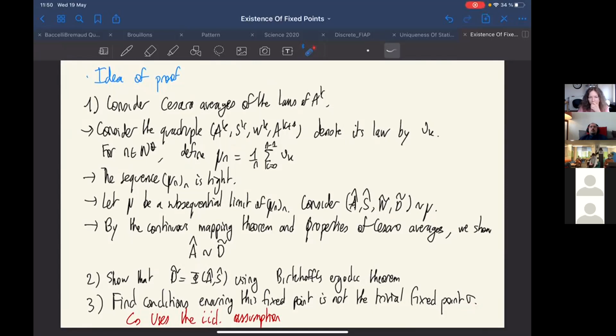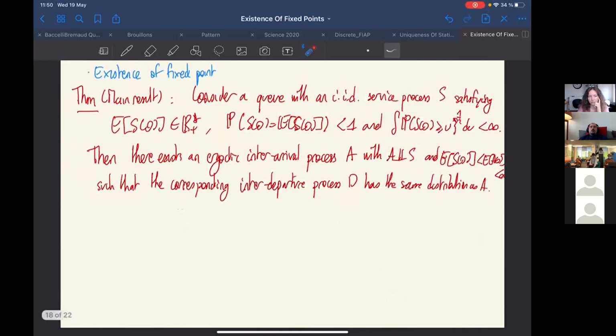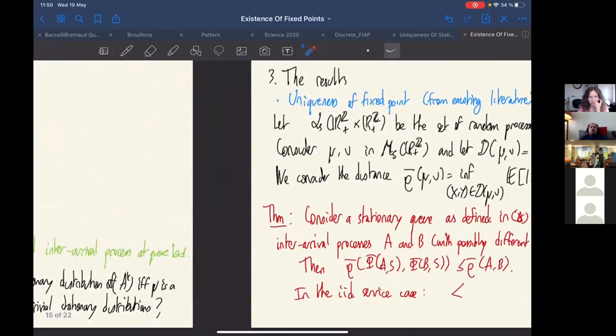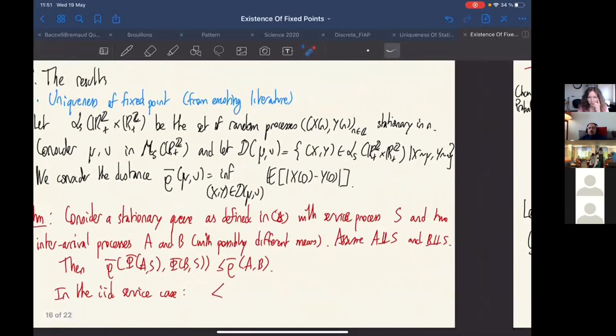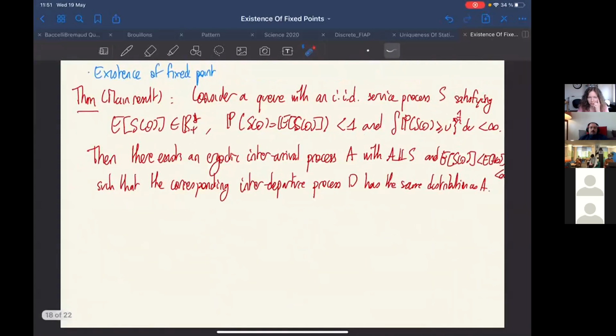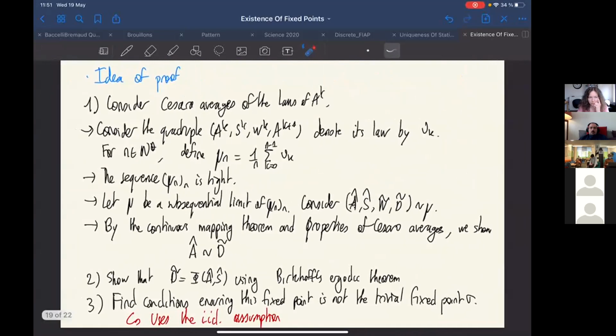It's the case where the inter-arrival times have the same distribution as the service times, and they are i.i.d. Because in this case, you preserve the law: it's going to be another i.i.d. process with the same law.